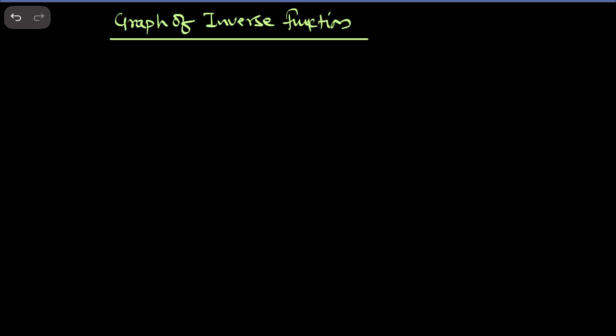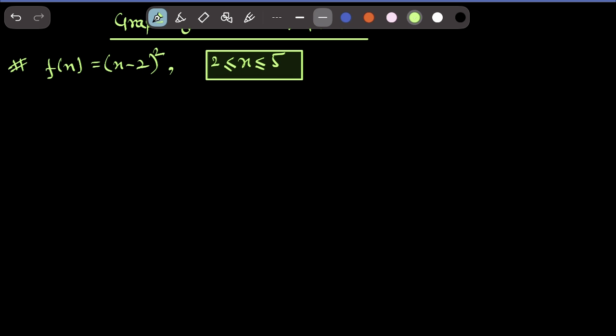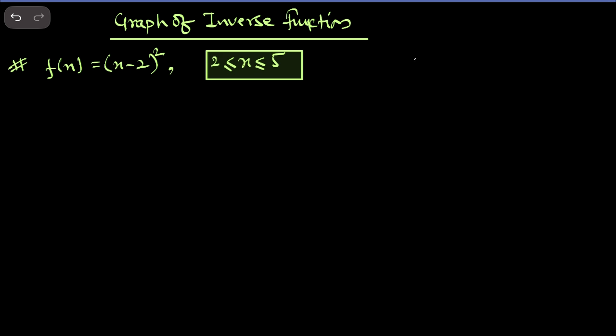So I am taking a simple example, that is f of x equals to (x minus 2) whole square, and the domain is given as x is less than or equals to 5 and greater than or equals to 2. Before starting with the graph of inverse function, we need to understand few of the basic important criterias for the inverse function, right?